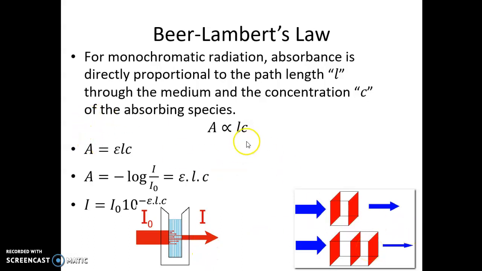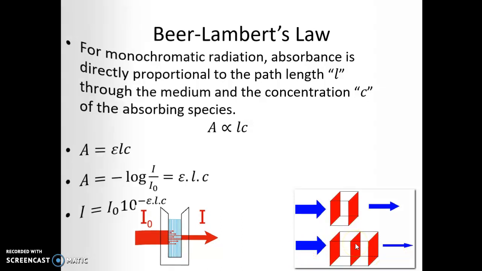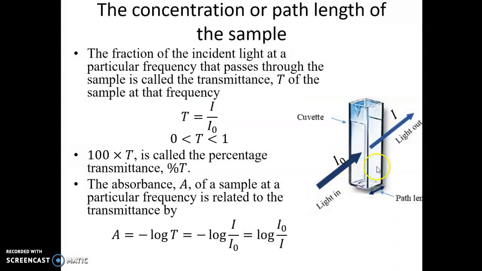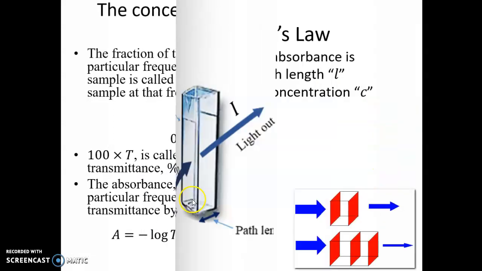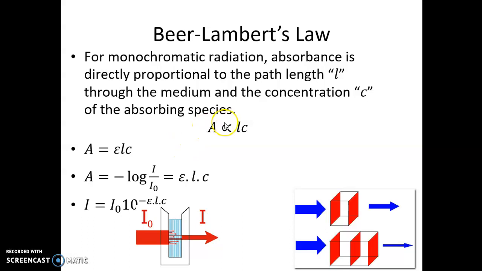So the more the concentration, the more the light that is absorbed, and the longer the distance traveled by the light in the sample, that is, looking at the cuvette now, the bigger the cuvette, the higher the absorbance.